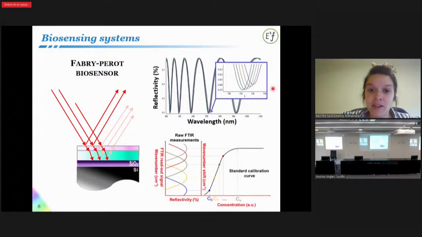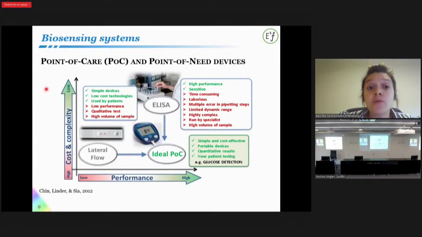So if you give this kind of data to a doctor, it could be very difficult for them to interpret the results. So what we are looking for is to transfer this kind of readout into a point-of-care device.